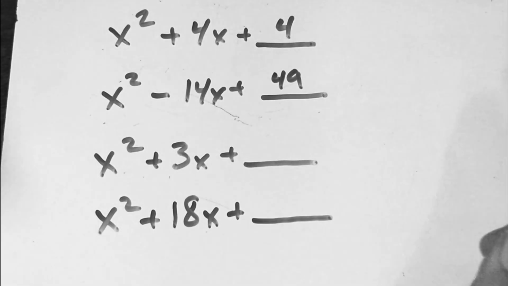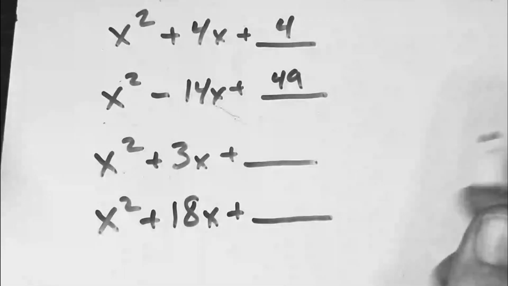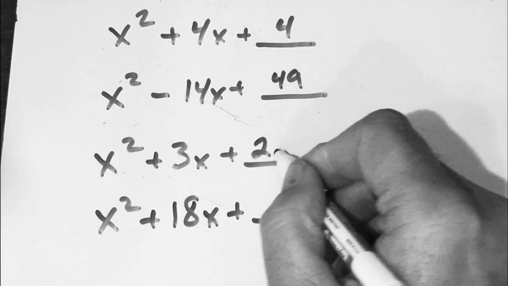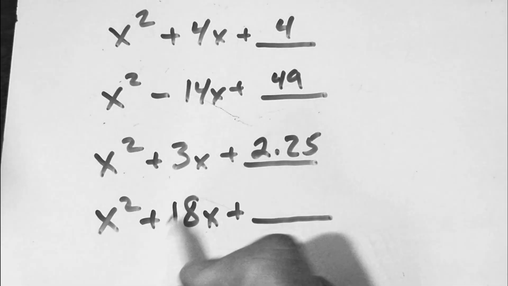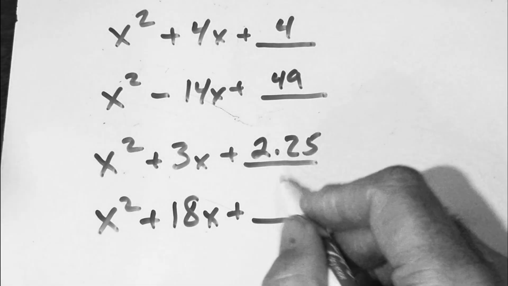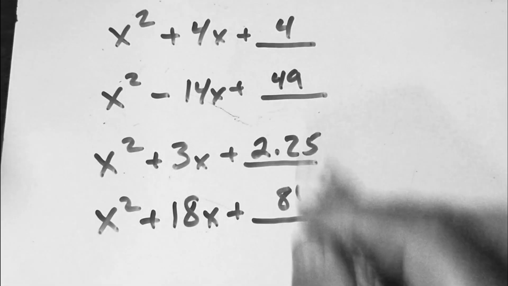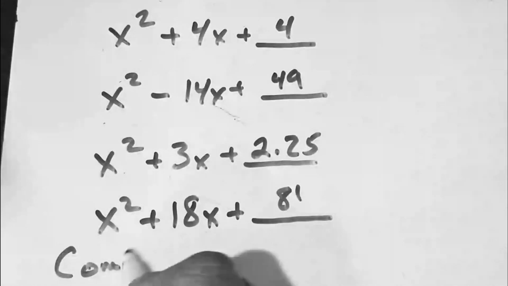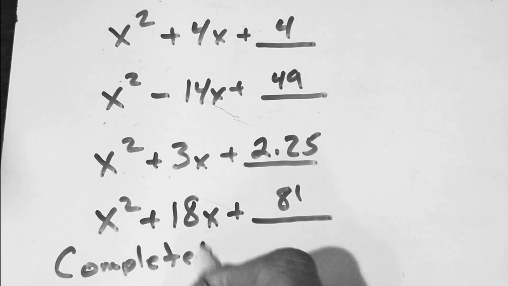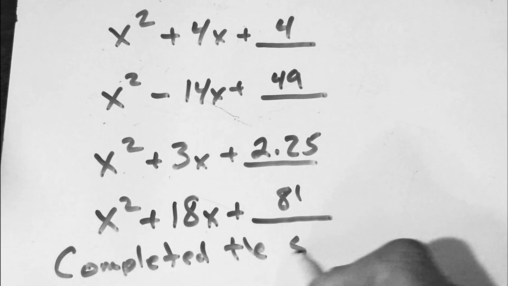Half of 3 is 1.5. 1.5 squared is 2.25. I'm pretty smart. I did it in my head. Half of 18 is 9. 9 squared is 81. Okay, what did we do? We completed the squares.